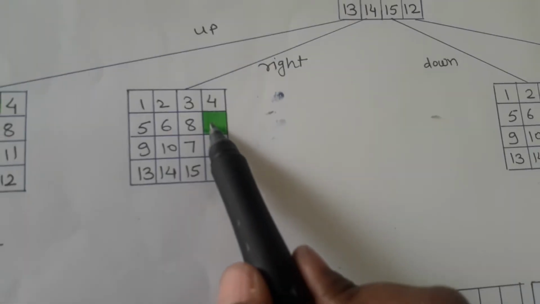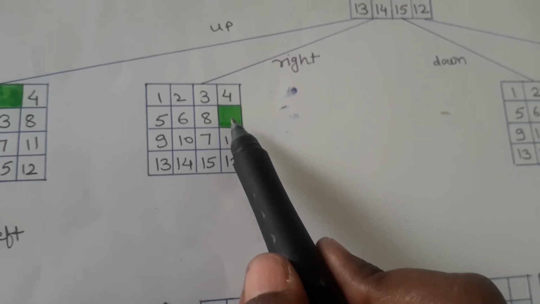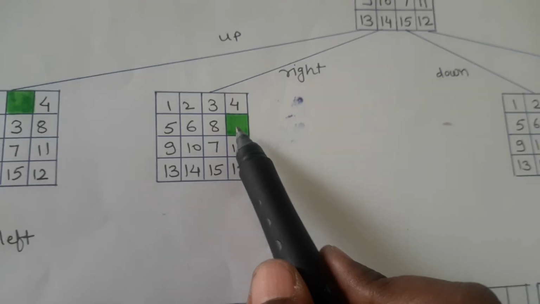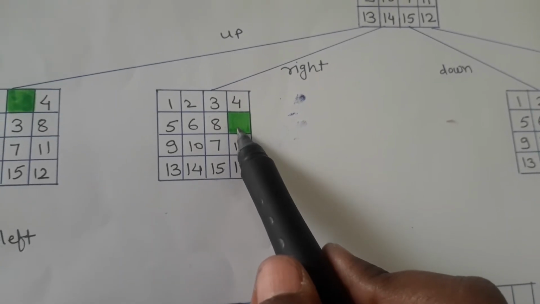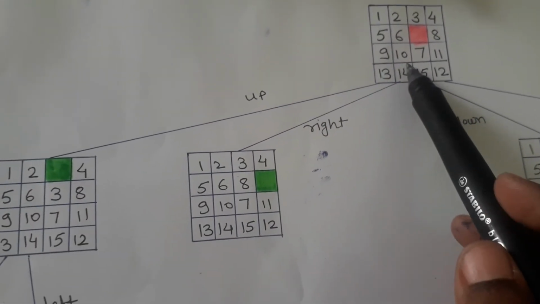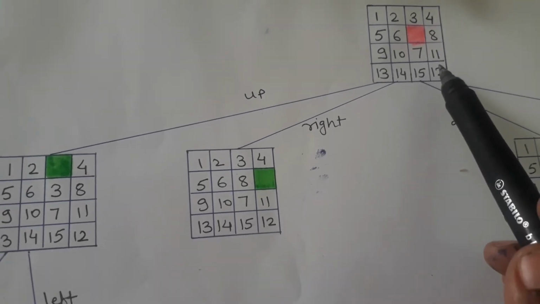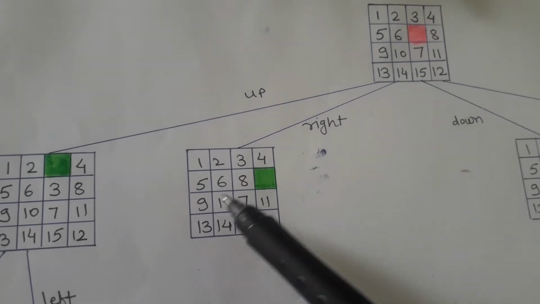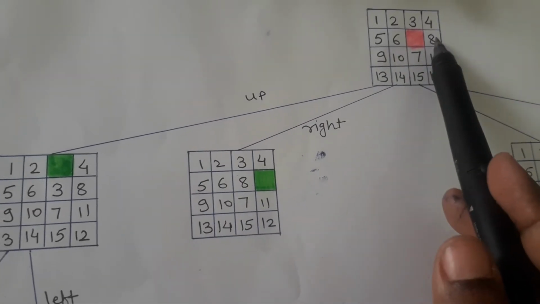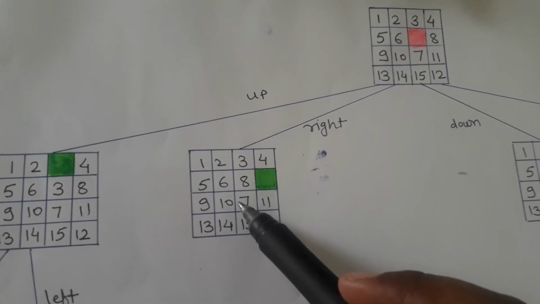Now here, this is our empty spot, and now we can move only two tiles further, because as we can see here is our initial state. Here we move 8 to this empty spot and then we get this state.